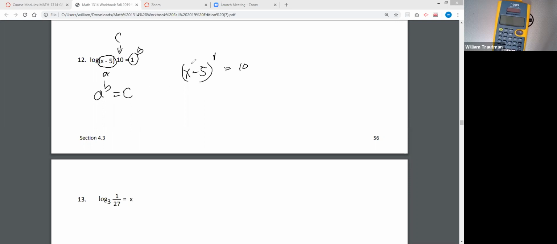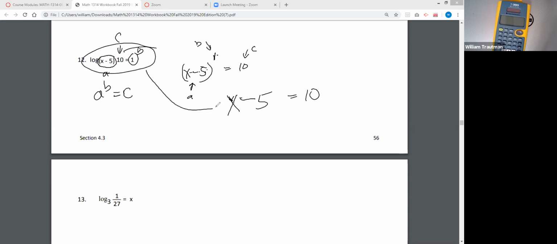This is A, that's B, and that's C. x minus 5 to the 1 power is the same thing as saying x minus 5. 7 to the 1 power is 7. 9 to the 1 power is 9. So when we change this to exponential form, we got x minus 5 equals 10.